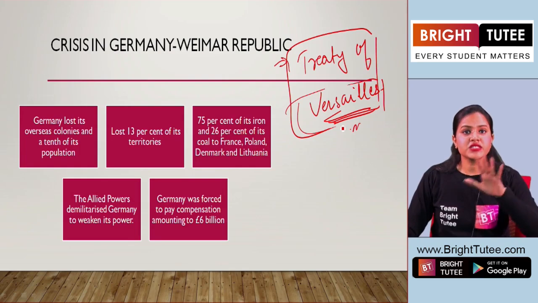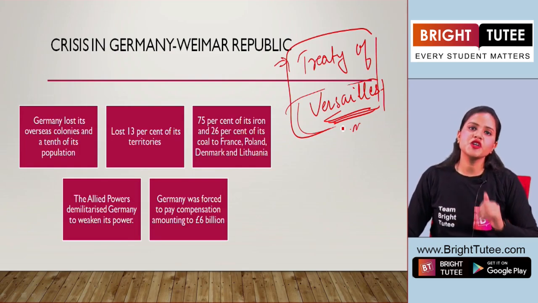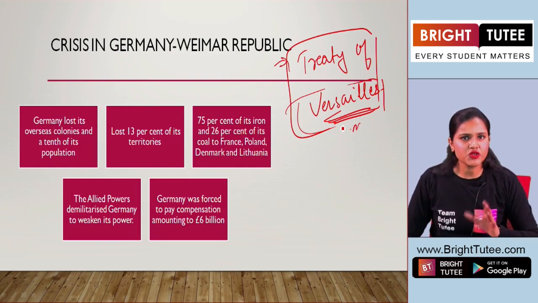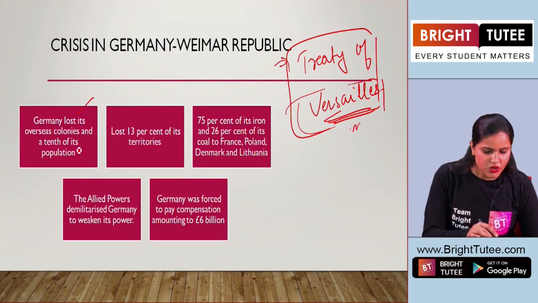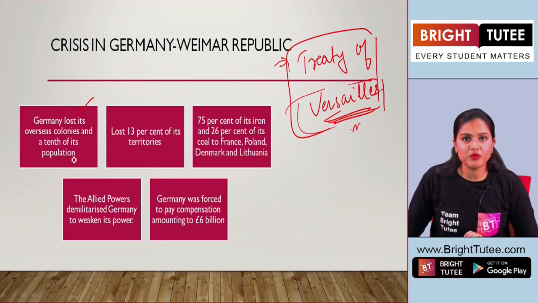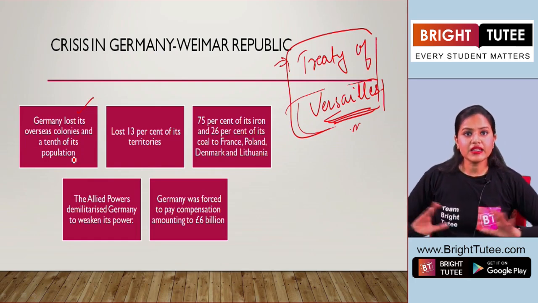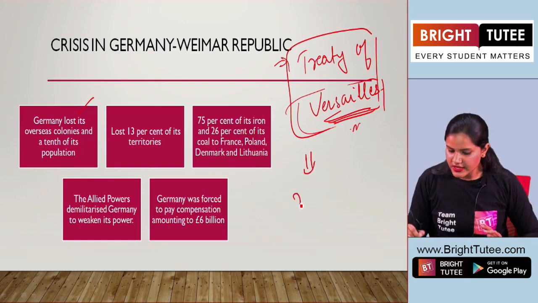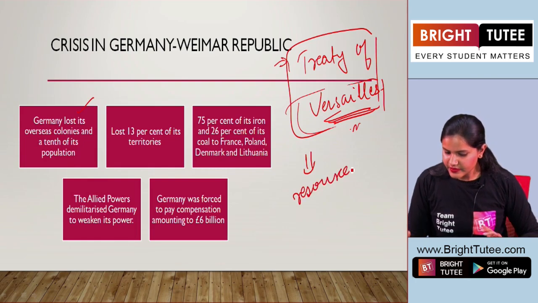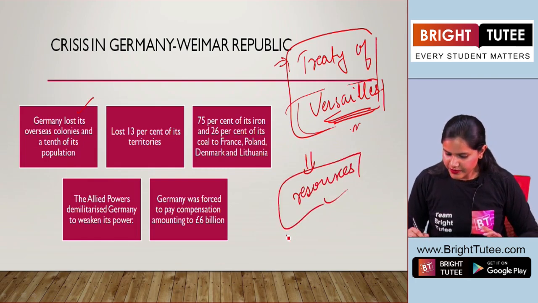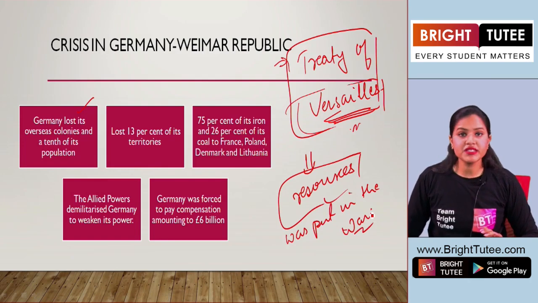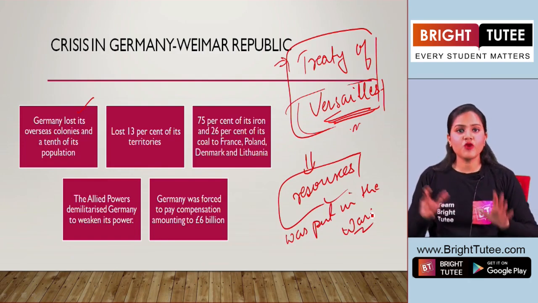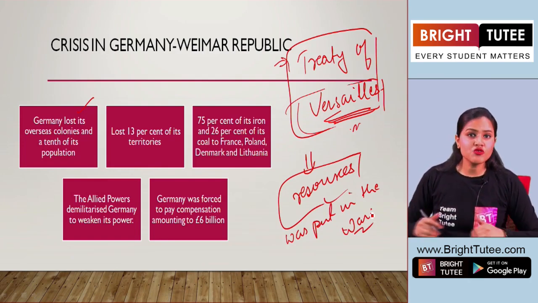So here, since we are learning that it was harsh and humiliating for Germany, let us try to understand how. So Germany lost its overseas colonies and one tenth of its population. Now we know that a lot of resources were put into the war, right? And all the countries that were involved in the war had to lose a lot, right?